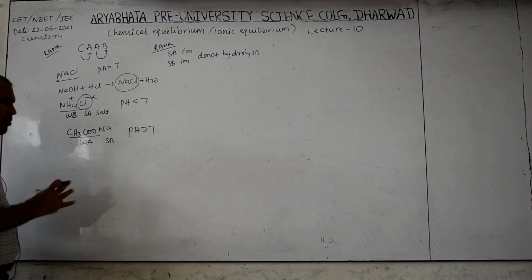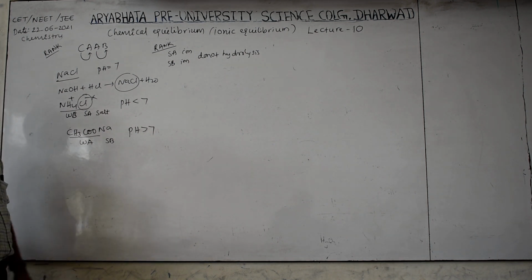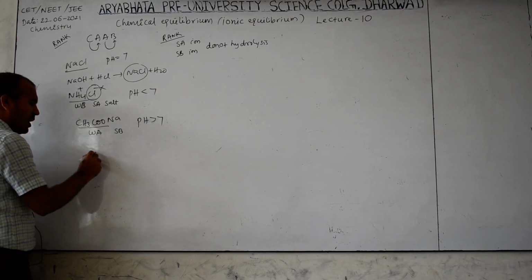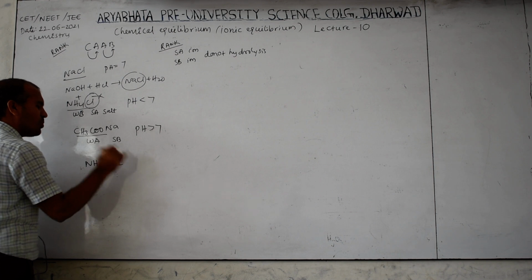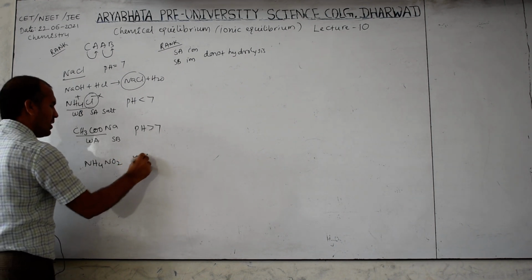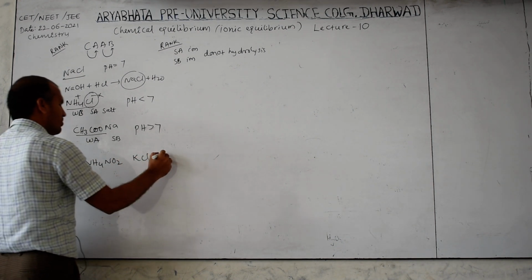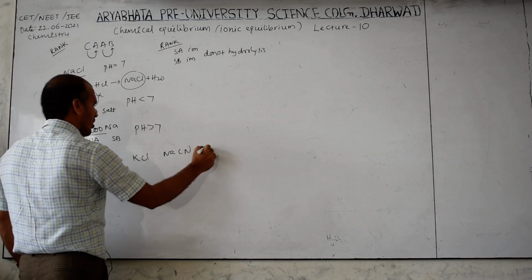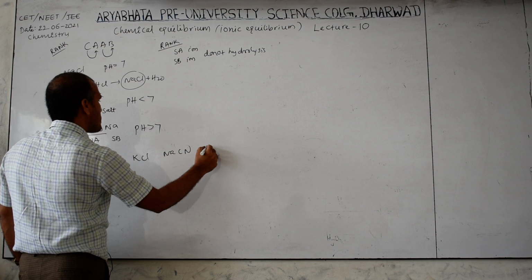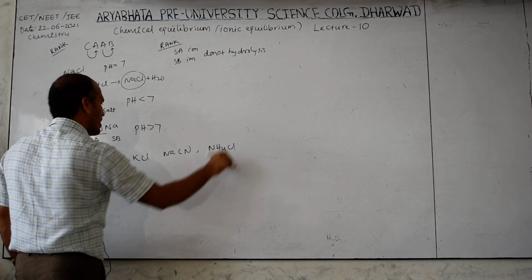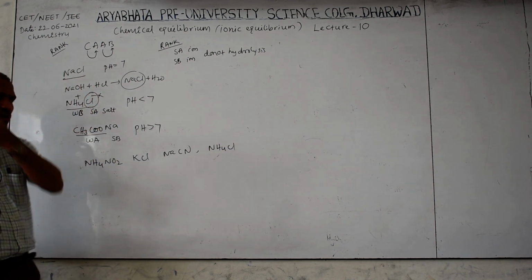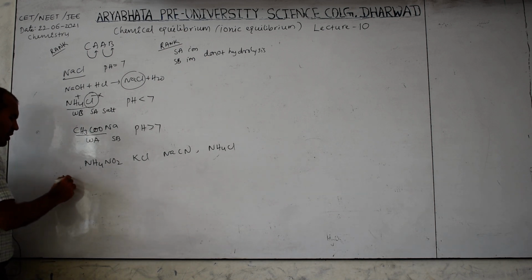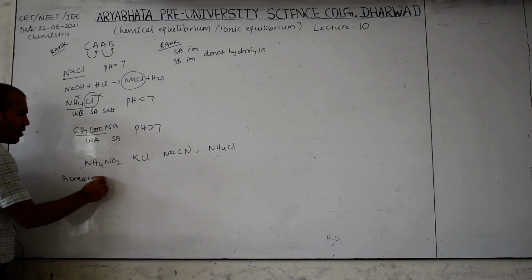Sometimes they may give salts and ask for pH in increasing or decreasing order. For example, NH4NO2, KCl, NaCN and NH4Cl are given. Write their increasing order of pH.